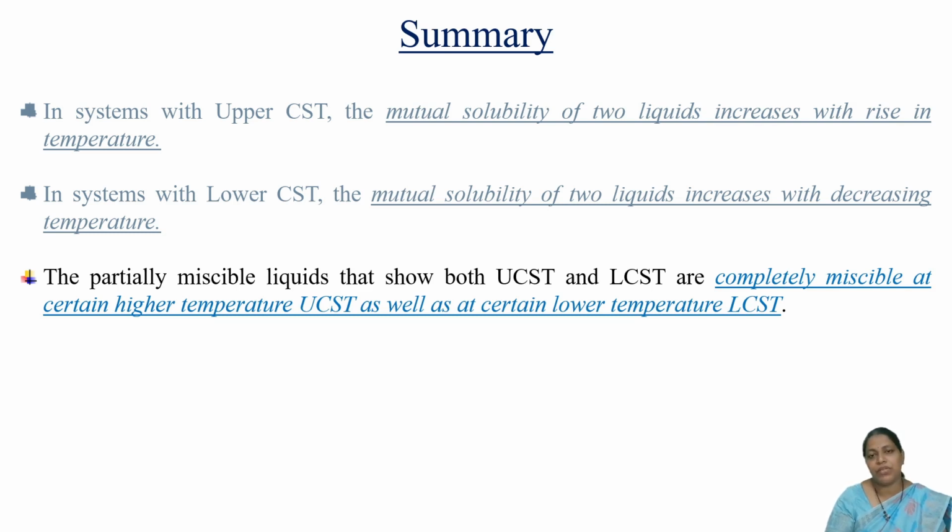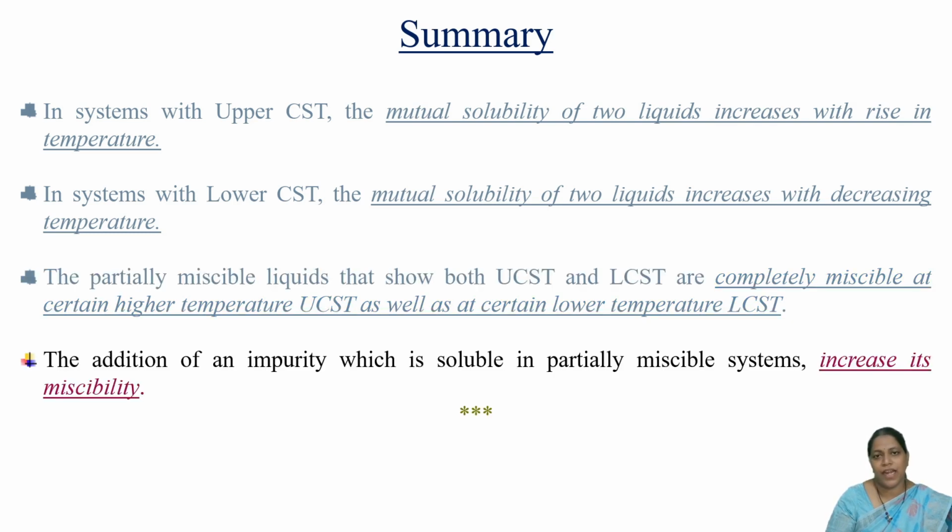That means between these two temperatures, there is partial miscibility, that means it exists in two layers. And lastly, we discussed the effect of impurities on critical solution temperature. The addition of an impurity which is soluble in partially miscible systems increases its miscibility.